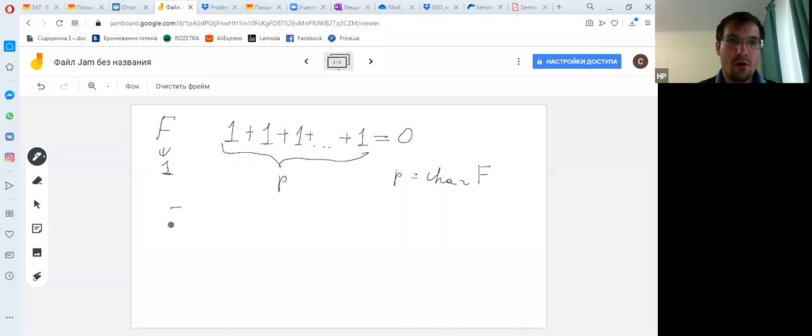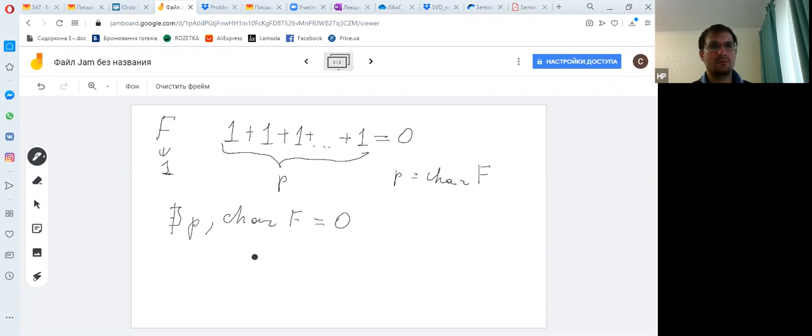If there is no such p, then it's more convenient to say that the characteristic is infinite, but by definition it is 0. There are some arguments, but they are rather difficult, and we don't need them. We just say that the characteristic of F equals 0.